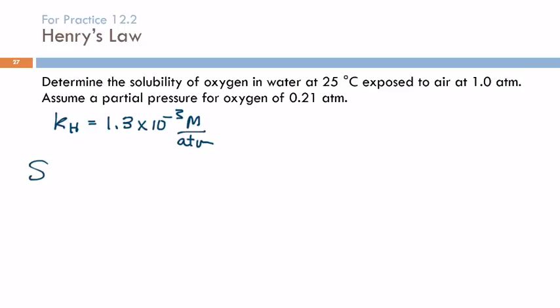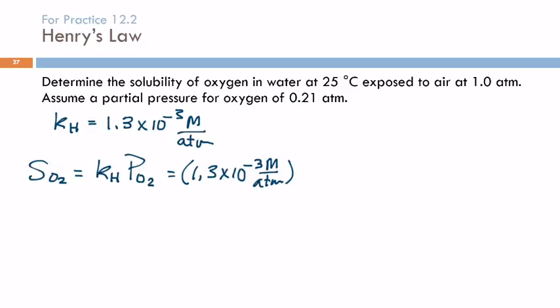So the solubility of the oxygen is going to equal the Henry's law constant times the pressure of the oxygen. So 1.3 times 10 to the minus third molarity per atmosphere times the partial pressure, 0.21 atmospheres.